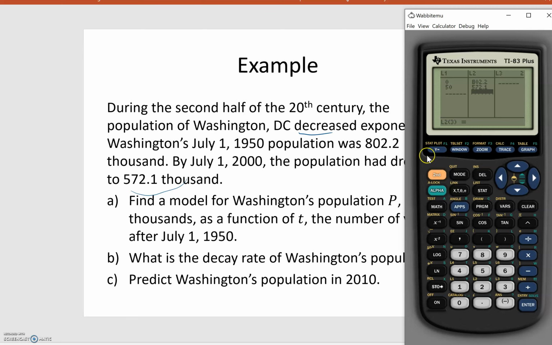And now we're going to do exponential regression. And there's our model, 802.2 with this decay factor. So I have my model now.